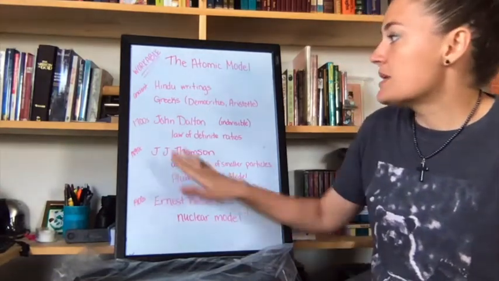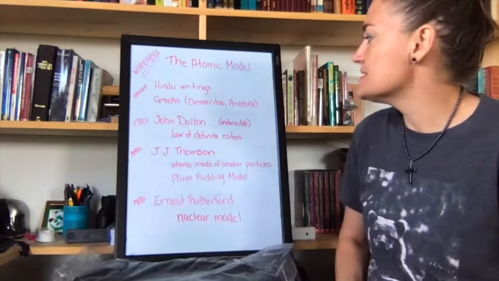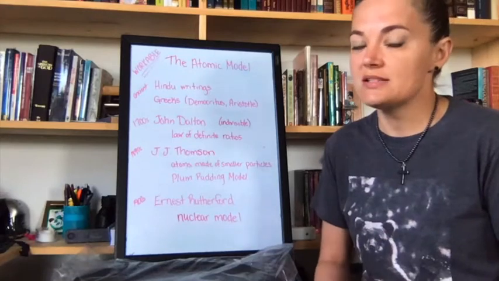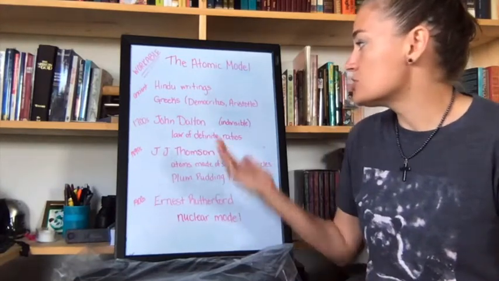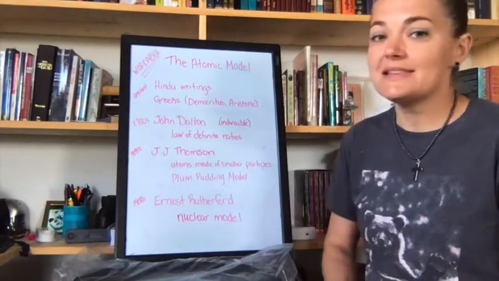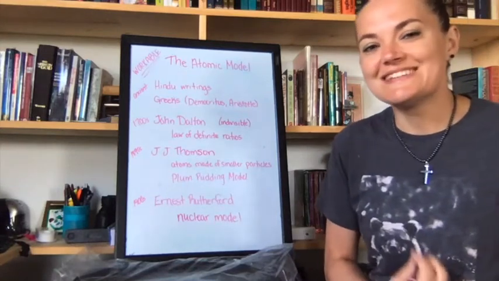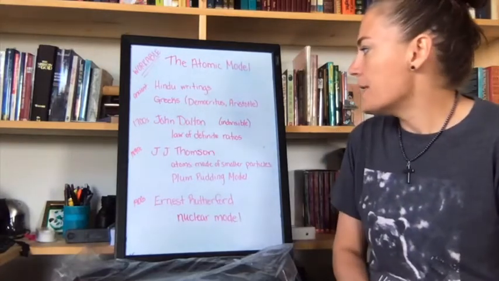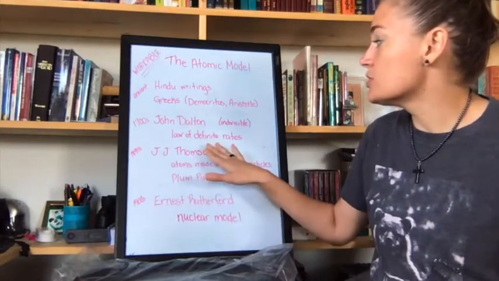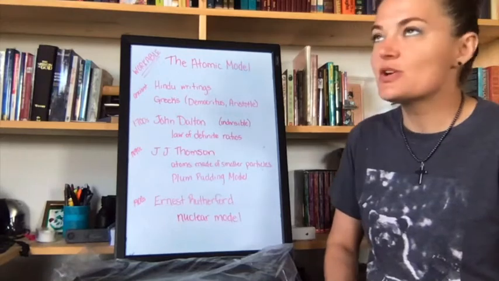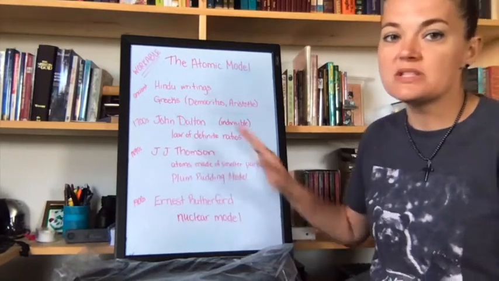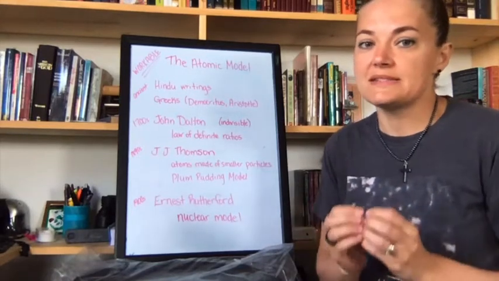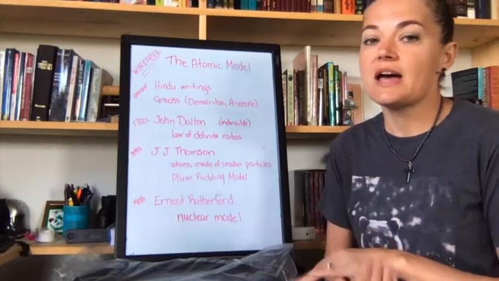It wasn't until about the 1700s that we see that people were actually beginning to test and to understand a little bit more. It starts with John Dalton, and he had this same idea that the atom was indivisible. That means that was the smallest unit it could be. And he discovered the law of definite ratios. The law of definite ratios was that he understood there was a basis to each type of substance.